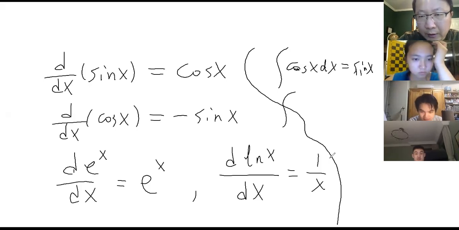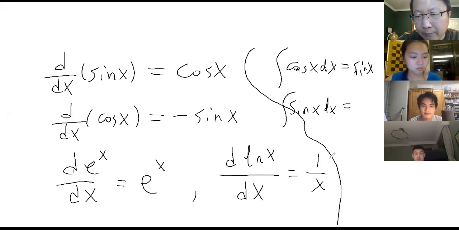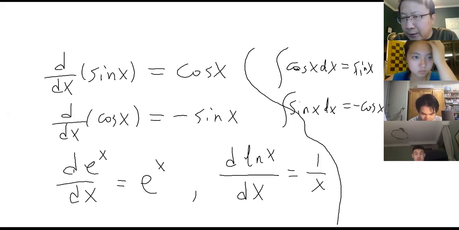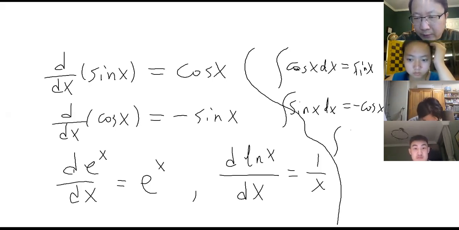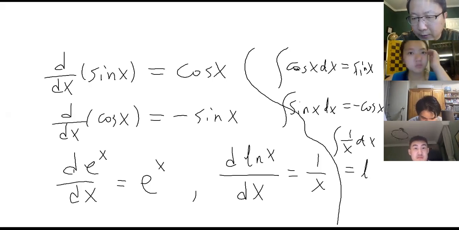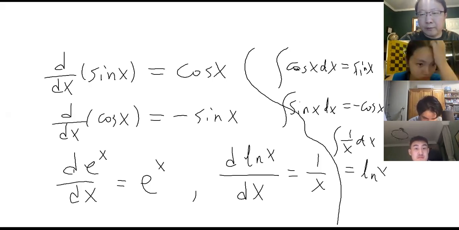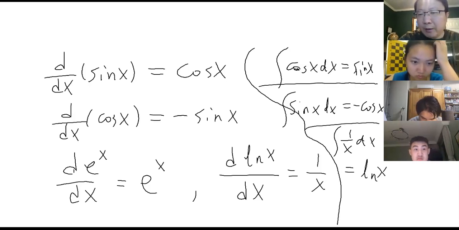The same thing, if you integrate sine x, it will be minus cosine x, because the derivative of cosine x is negative sine x. Same thing, you integrate 1 over x and get log x. Those are some of the formulas.